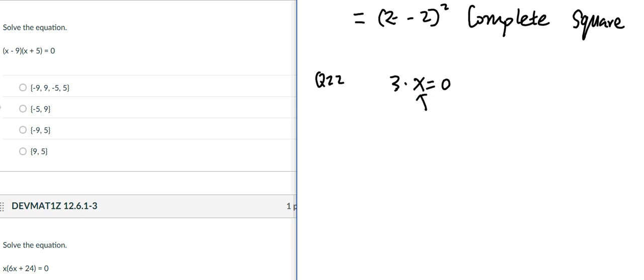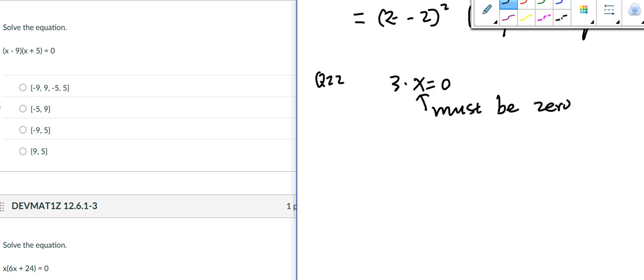And this one must be 0. If this one is not 0, 3 times 1, 3 times 2, 3 times 3, 3 times -100, you won't get 0. So this one has to be 0.